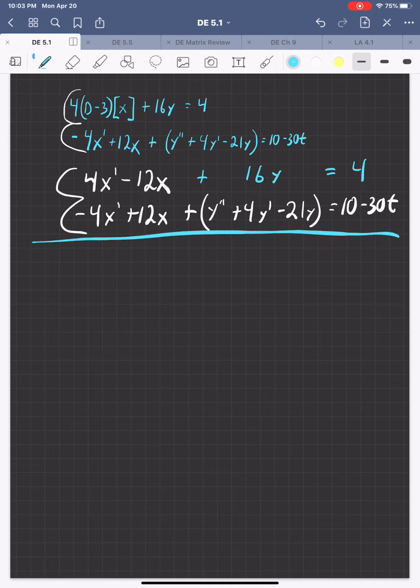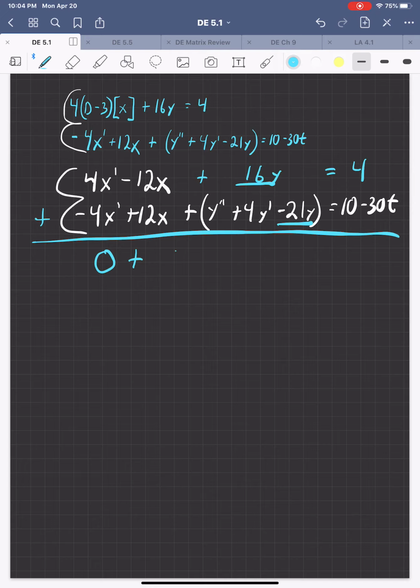So now you can see that when we add, finally, we end up with our x's zeroing out. So we have 0 plus, and let's see what's left here. The only thing to combine when it comes to our y's is our 16y with our negative 21y.